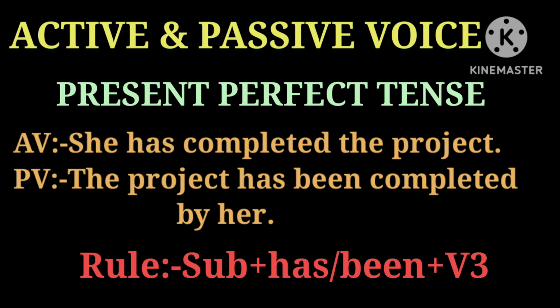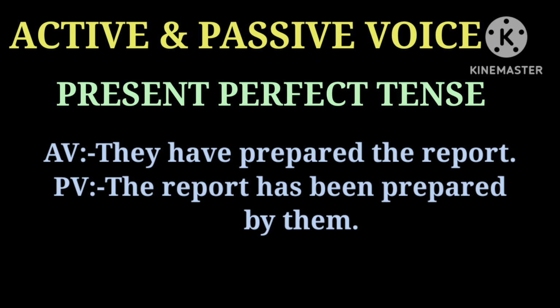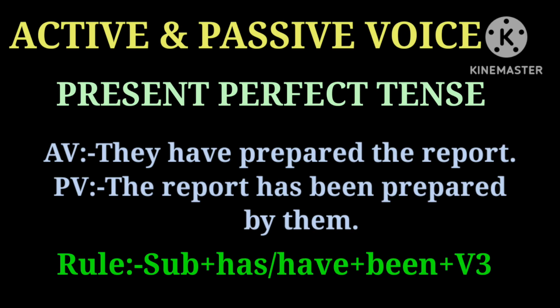Next example, they have prepared the report. In passive voice, the report has been prepared by them. Here we can observe the rule for passive voice in present perfect tense: subject plus has been plus V3. So we can apply this rule to the given examples.